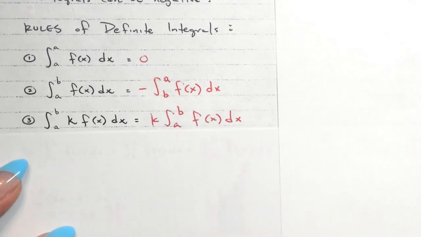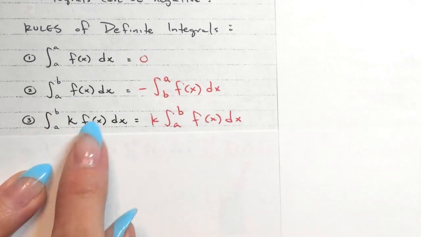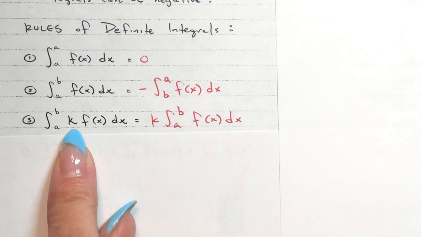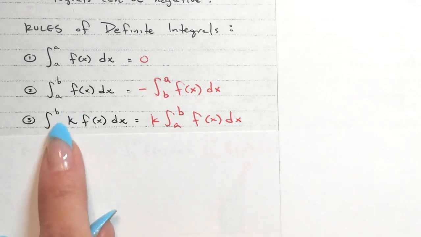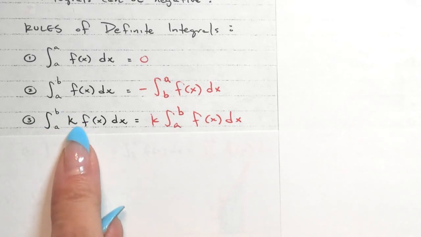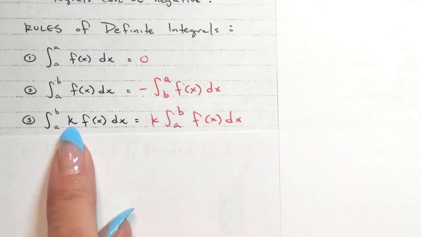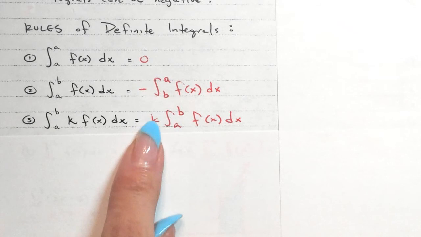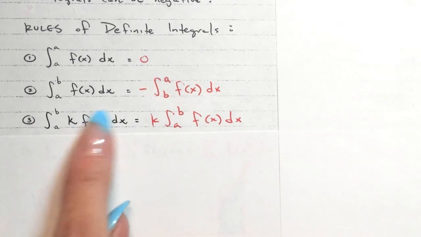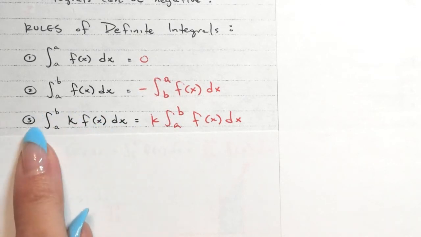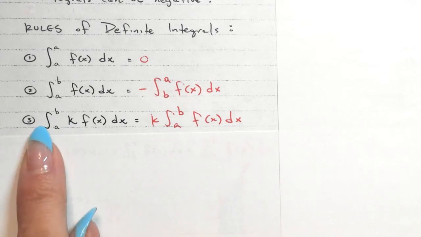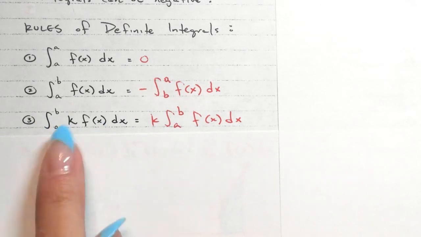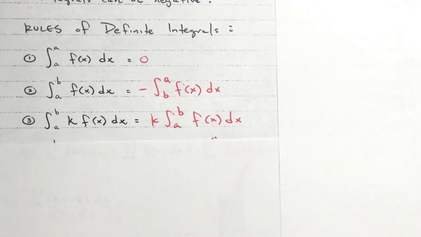That's very different. Okay, the other thing is, just like derivatives, you can take a constant k or c or whatever you want to call it, and you can factor it out. So if there's a 2 in there, 2 times whatever quantity, you can take that 2 out and just keep it out there and multiply it at the end, okay? So a constant you can factor out.